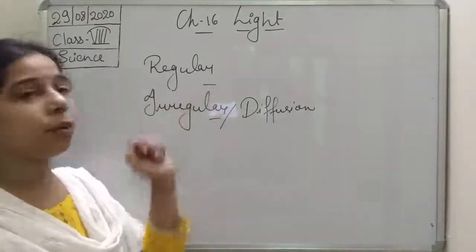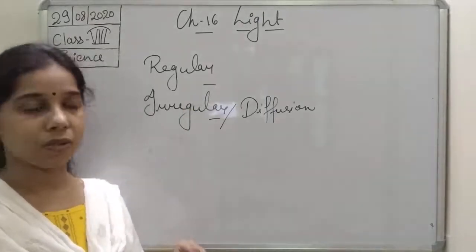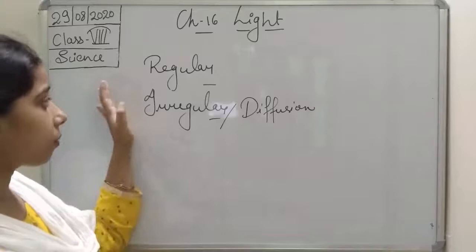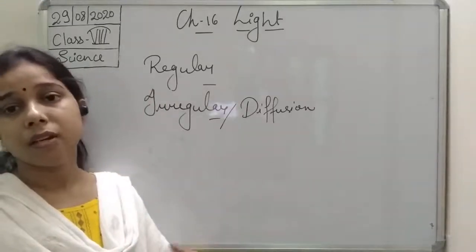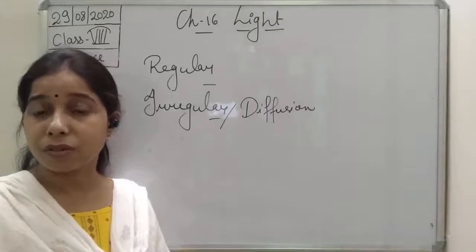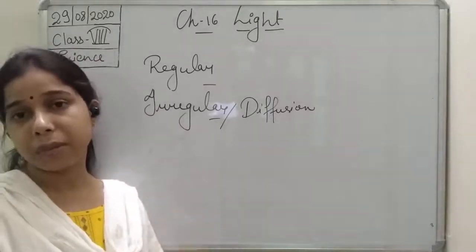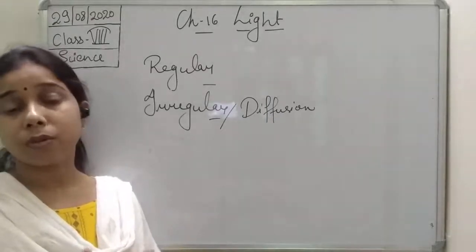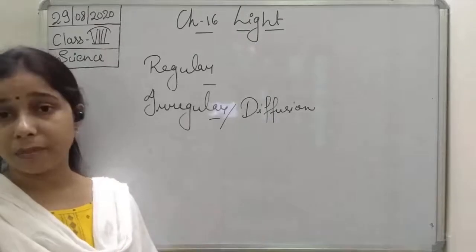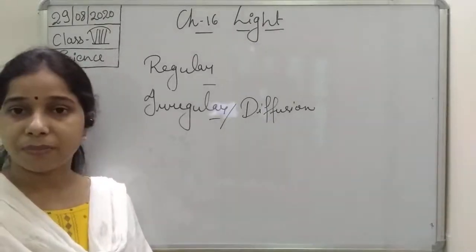Now in regular reflection, the beam of light falls on the surface and shows the same pattern after reflection, so the image formed is clear. That is why we are able to see our face in a plane mirror. It is because of regular reflection.